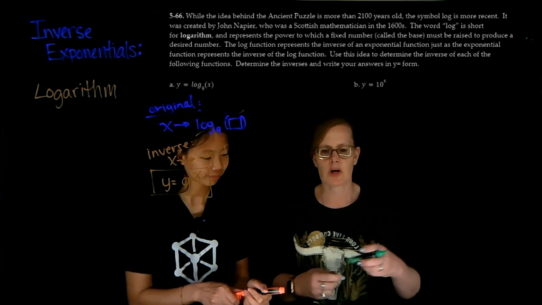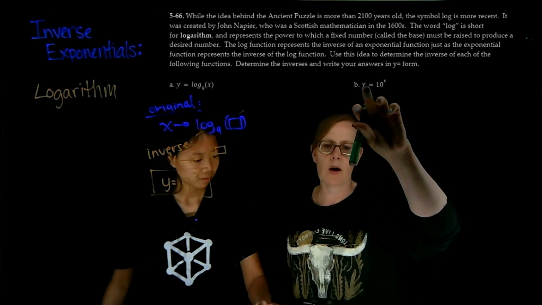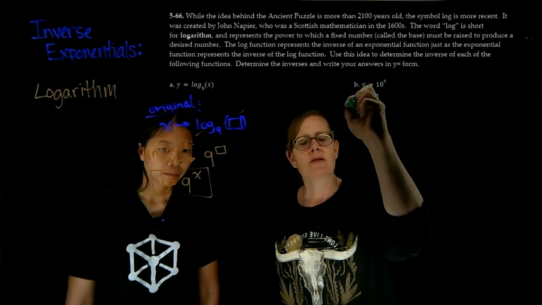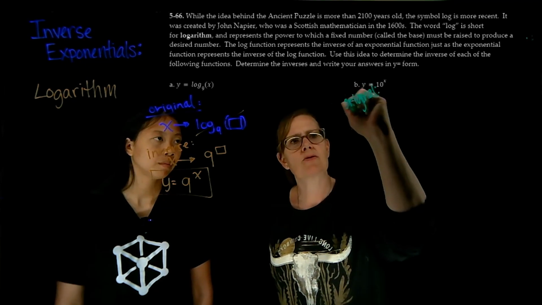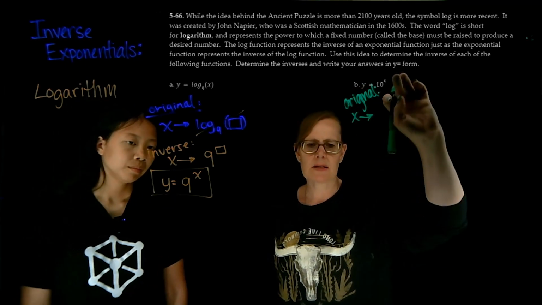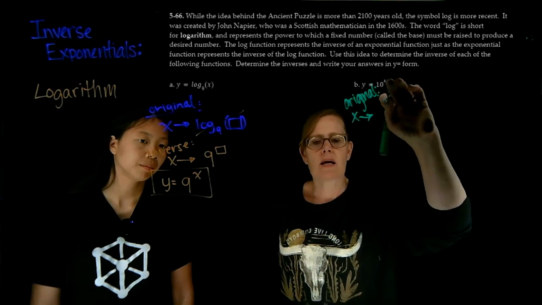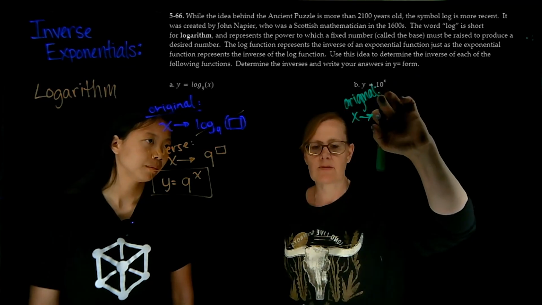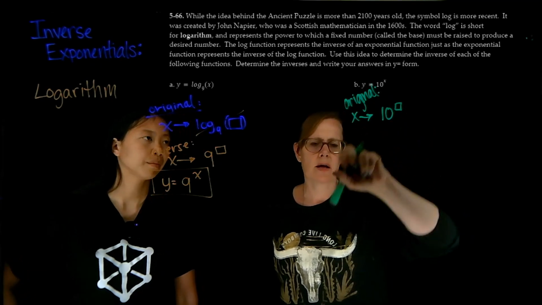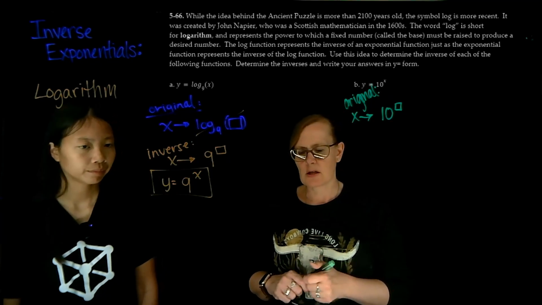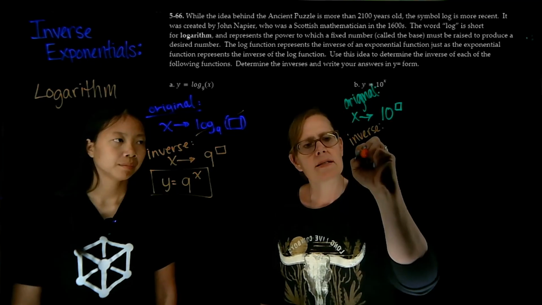All right, let's try this with our next equation, y equals 10 to the x power. We're going to talk about our original. In our original, we tell the story of x: what's happening to x right here is it is the exponent that 10 is getting raised to. So 10 is getting raised by our x. Then if we do the inverse of that, we say x.